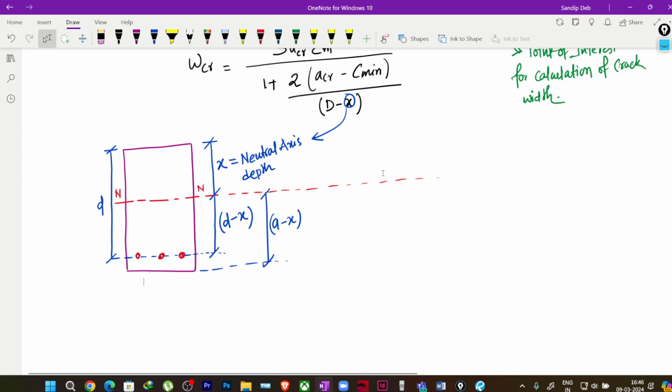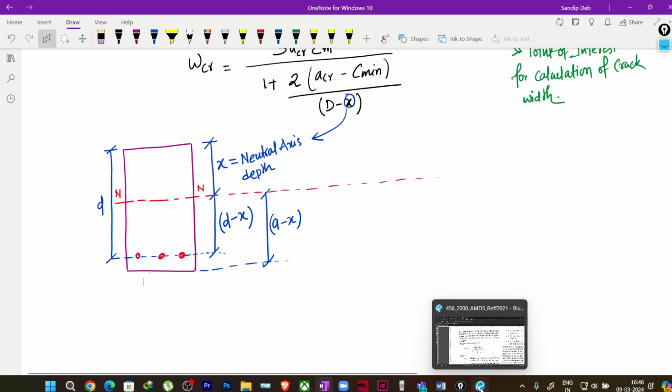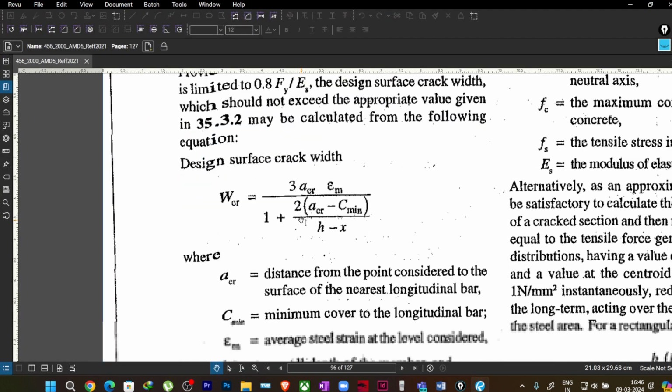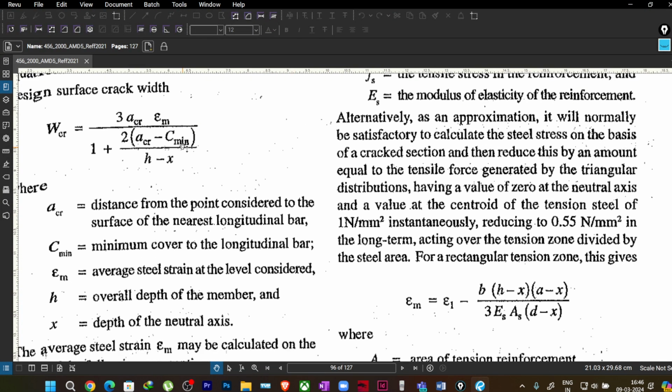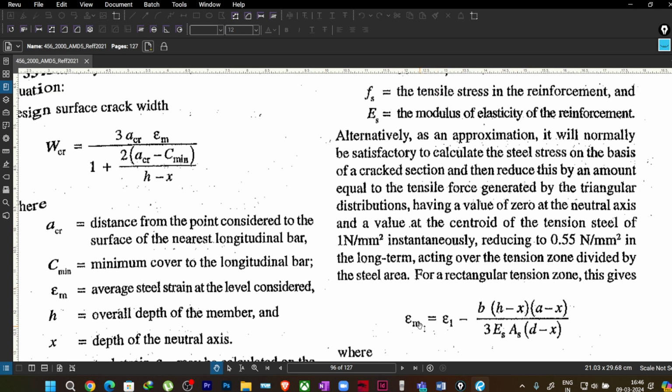First of all, we need to understand one thing, that if you just open the code, you will see that the code has given that this epsilon m is nothing but the strain, you can say, for a rectangular tension zone. This gives epsilon m. Let me just see what I should write here.